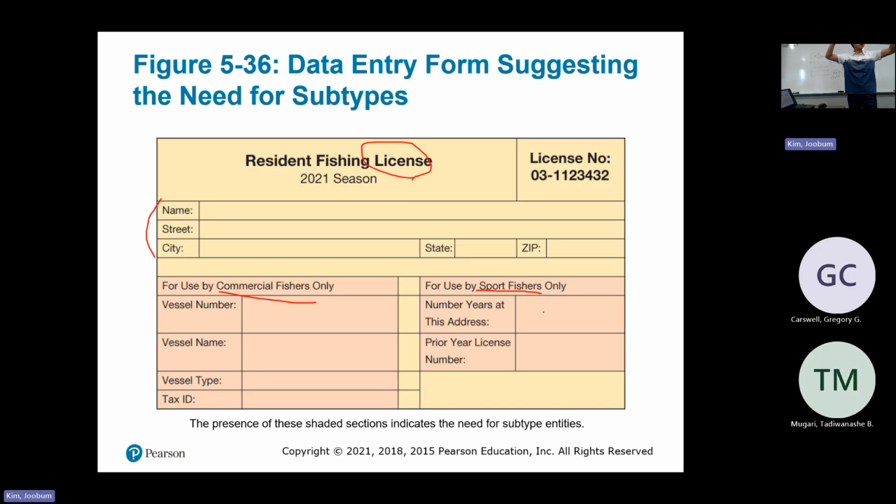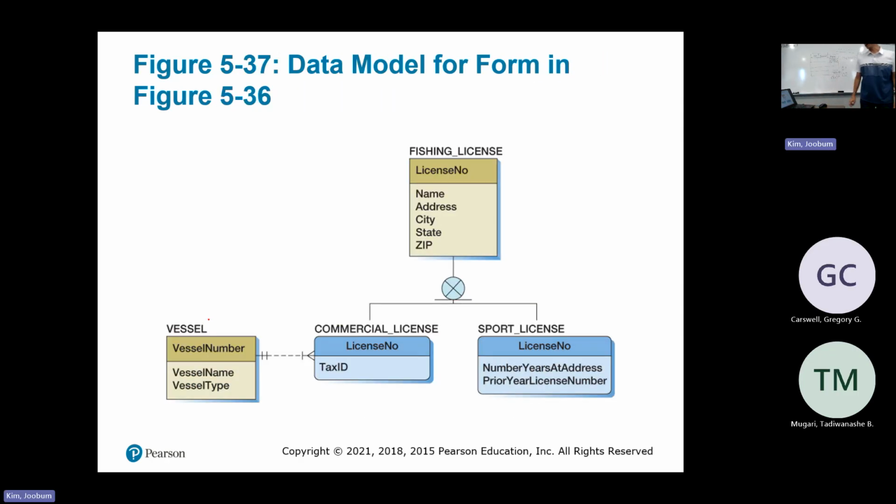If you are undergraduate, you cannot be a graduate. In this case, it is exclusive. The same, commercial fishers or sports fishers cannot be both. So we need an exclusive subtype. And here there are attributes. So for this data form, we are able to draw the ER diagram like that.